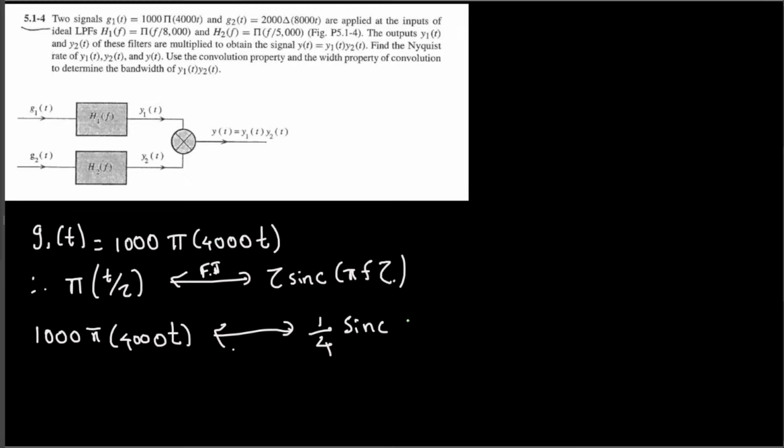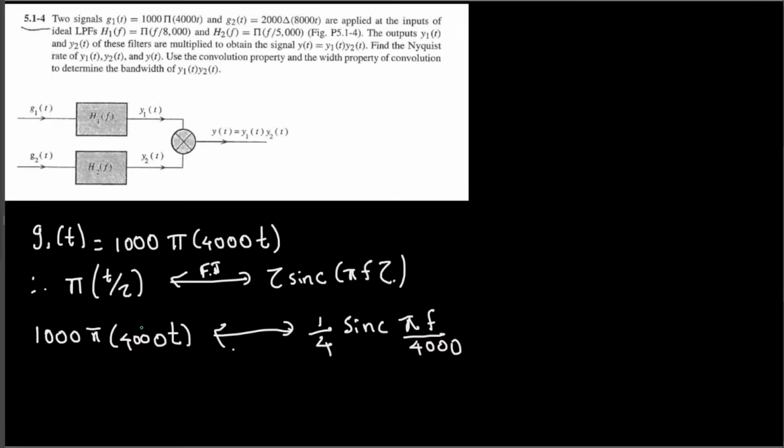Okay, f remains the same, and instead of tau we multiply by 1 over 4000, so we have 4000 in the denominator right here. So this is the conversion for the first one given.